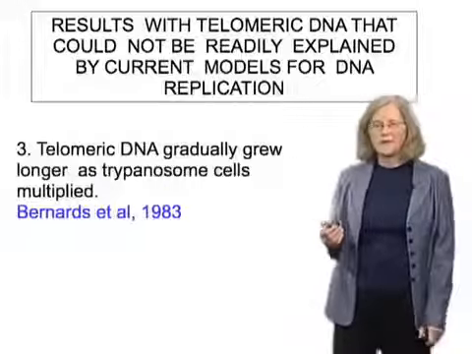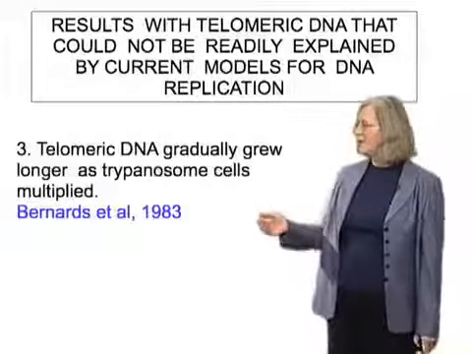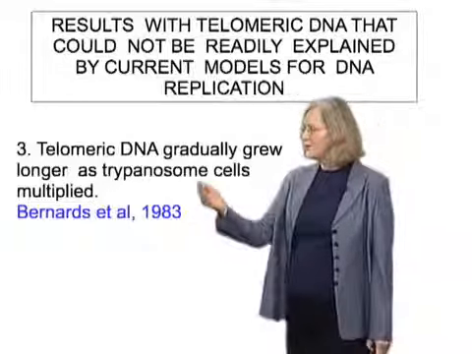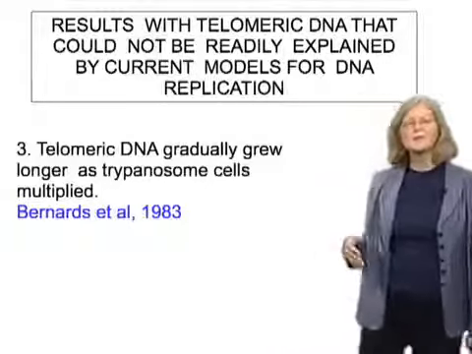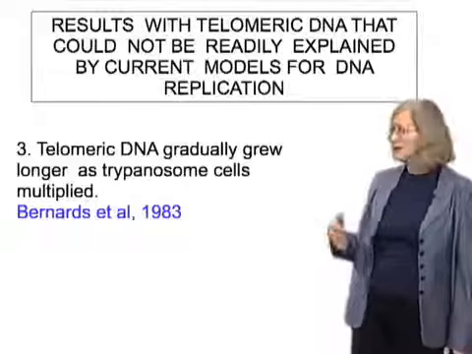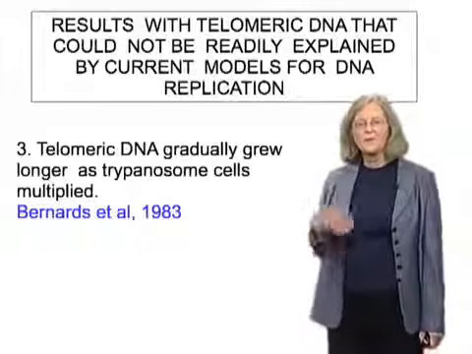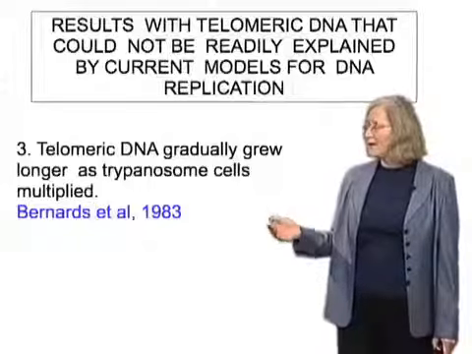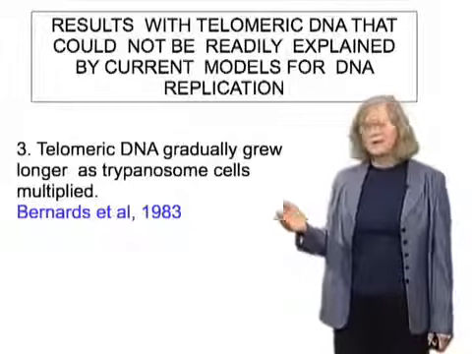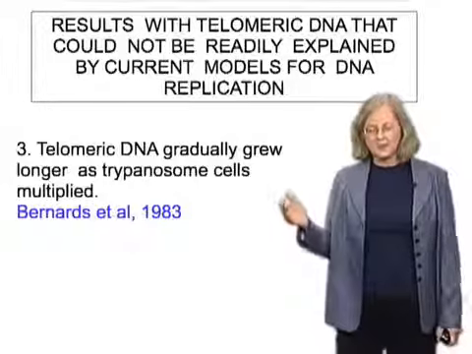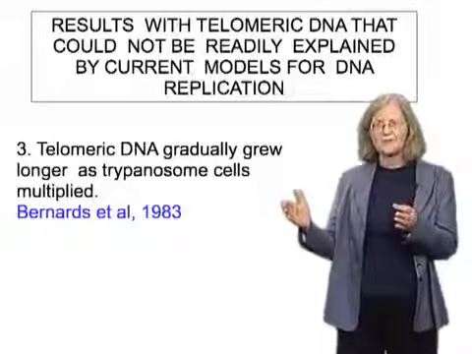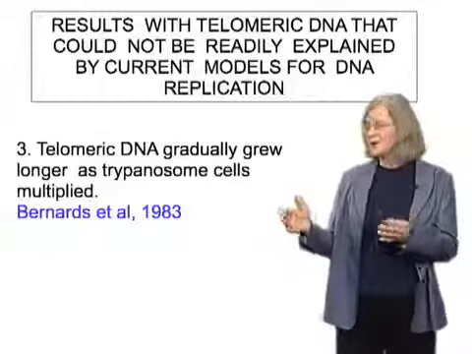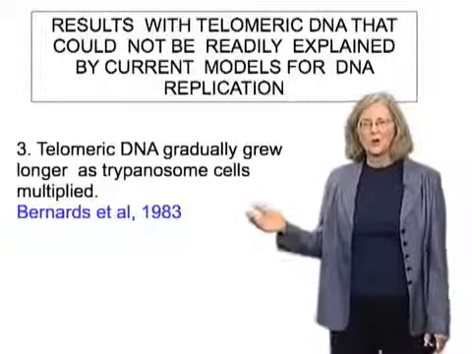The third observation came from observing the cells of an organism which causes sleeping sickness, a single-celled parasitic organism called a trypanosome, and these were being propagated in the laboratory setting. And what was found was that the telomeric DNA restriction fragments, the end fragments of the chromosomes in these organisms, were gradually getting longer and longer and longer.